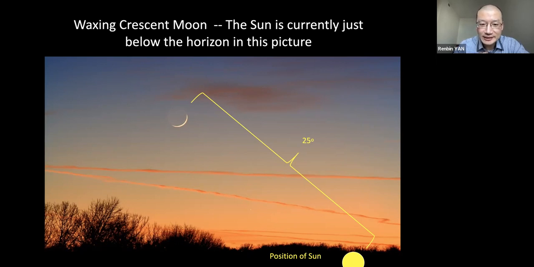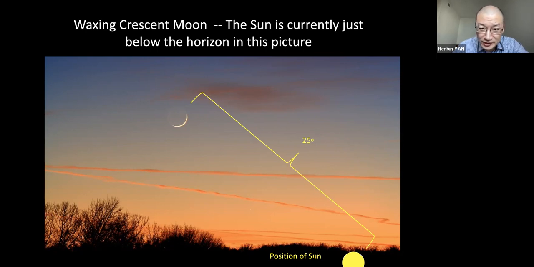If you connect a line between the moon and the Earth, and another line between the sun and the Earth, these two lines form an angle of about 25 degrees, let's just say, okay? For example, this measurement is 25 degrees, and then the direction towards the moon and the direction toward the sun are only separated by 25 degrees. That means the moon and the sun are roughly in the same direction from the Earth.